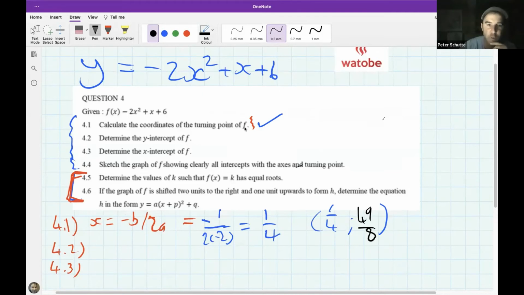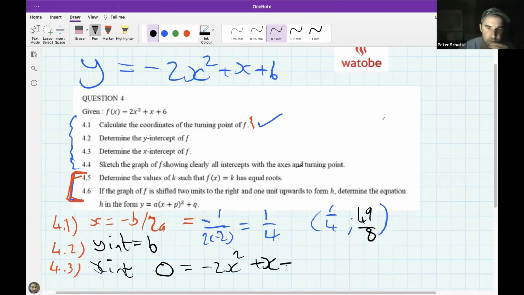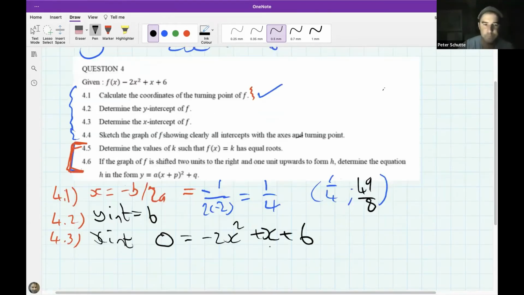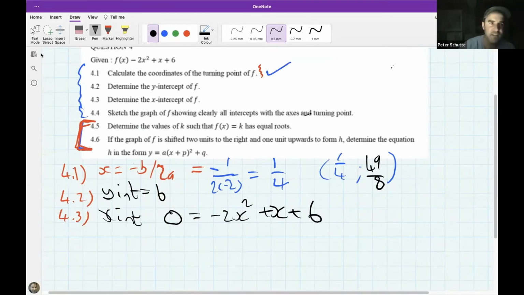The y-intercept is just going to be 6, and the reason is that to find the y-intercept, you just make x 0. Now to find the x-intercept, what you need to do is solve that equation.